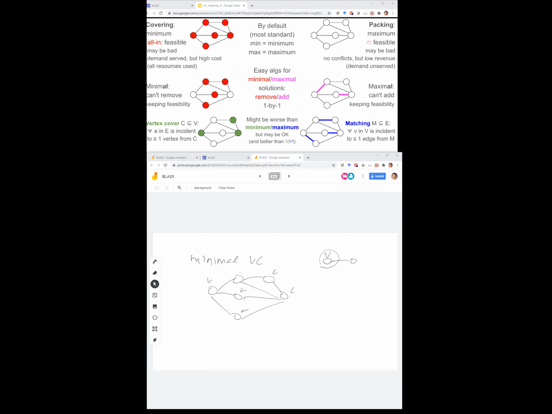Is it a minimal vertex cover, or can I remove some vertex so that I still have a vertex cover? Let me put numbers inside the vertices so you can tell me which vertex can I still remove while still having a vertex cover.